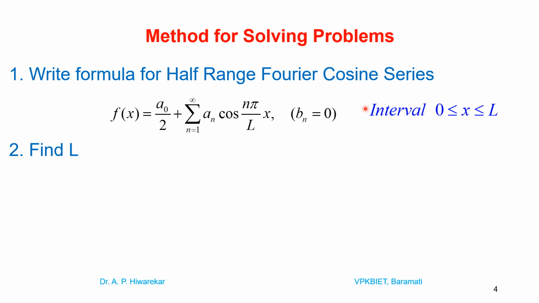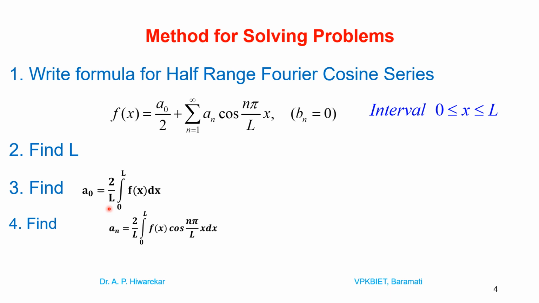Then after that we will find the value of l from the given interval, comparing it with the standard one. Then we find the value of a0, which is given by 2/l integration from 0 to l of f(x) dx. After that we will find the value of a_n by applying the formula 2/l integration of f(x) cos(n pi x / l) dx, where the limits for integration are 0 to l.